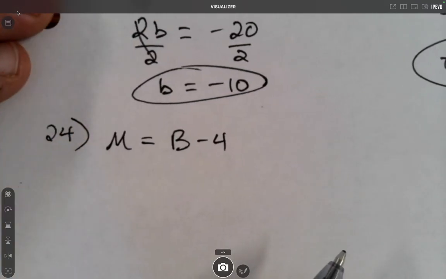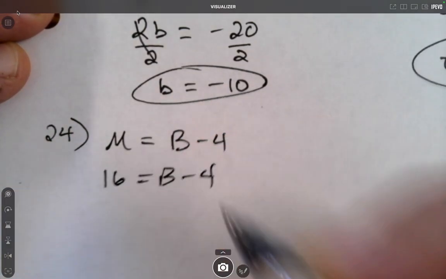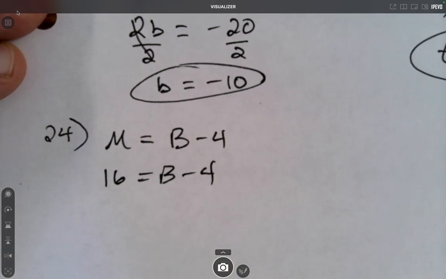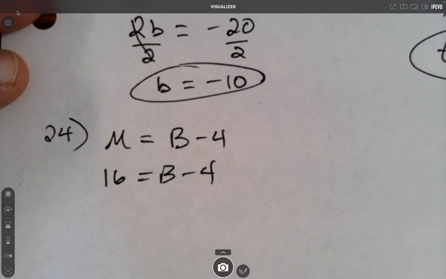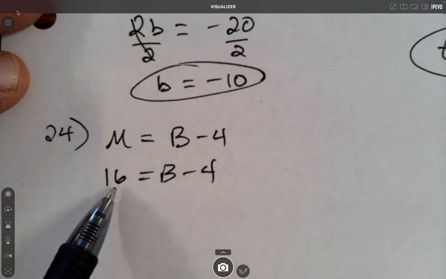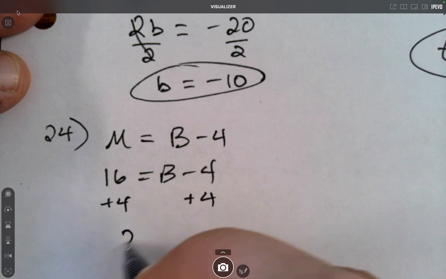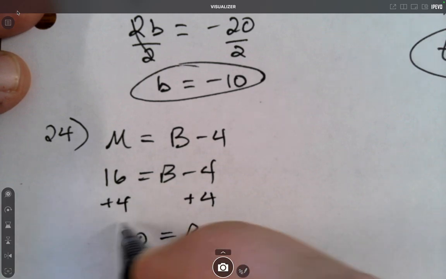Max is 16 years old, so I can plug in 16 for Max. Then it says write and solve an equation to find Brenda's age. So we've already written the equation. We solve it by plugging in Max's age, which is 16. Then add 4 to both sides. We get 20 equals B.